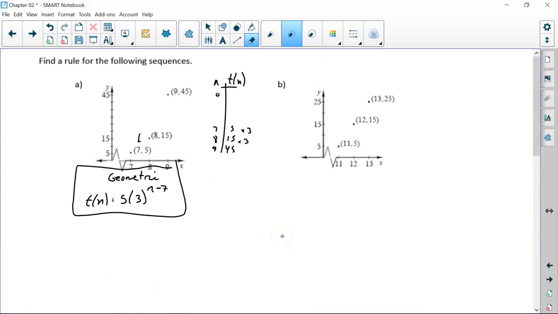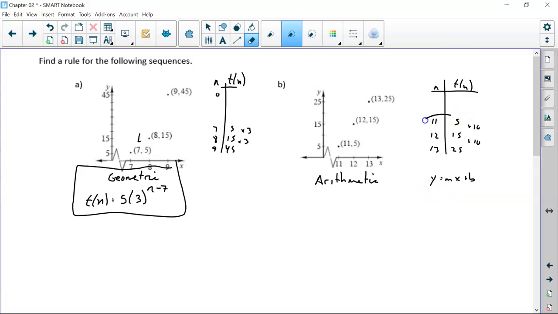Now back to part B, you can see it looks linear. For term 11, we're at 5, 12, we're at 15, 13, we're at 25. We're adding 10 each time. This is arithmetic. Now, just like we did on a previous problem, we can use y equals mx plus b to help us solve for what the initial point would be, what our value for b is.